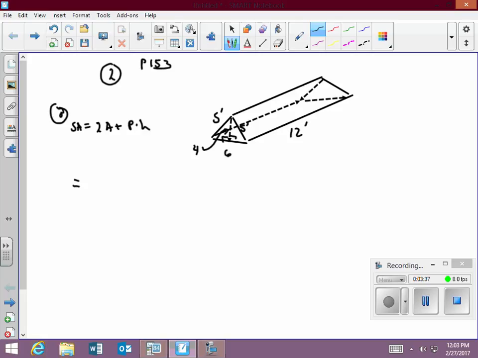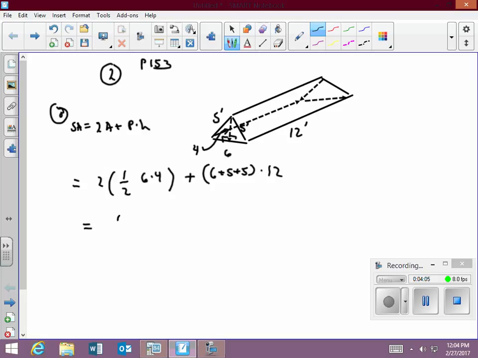So it's 2 times 1/2 of the base times the height, so that's 6 times 4 plus the perimeter, which is going to be 6 plus 5 plus 5 of that triangle, times the height.